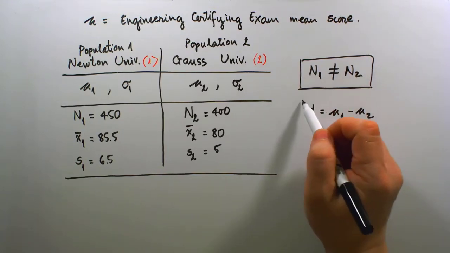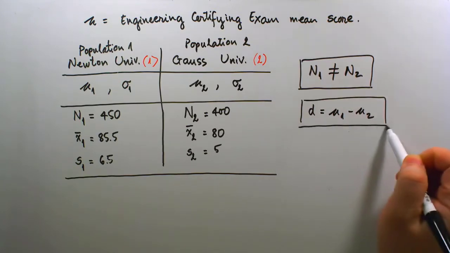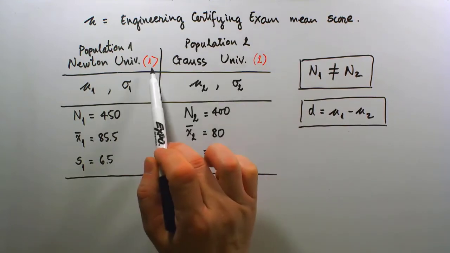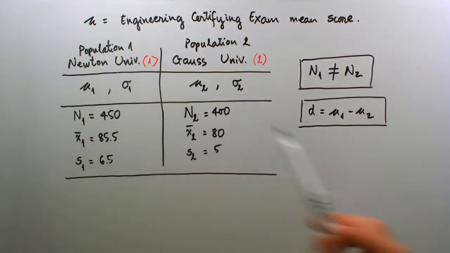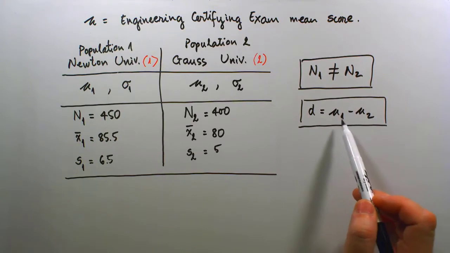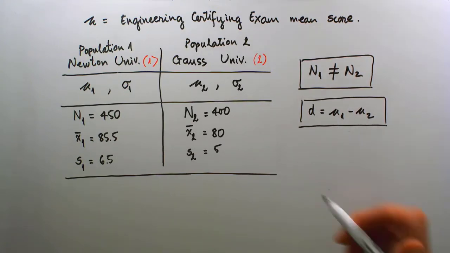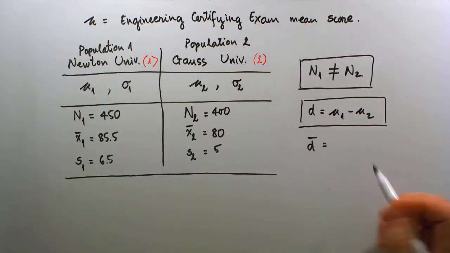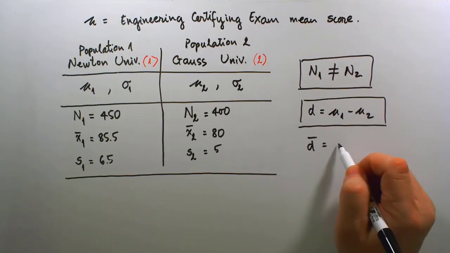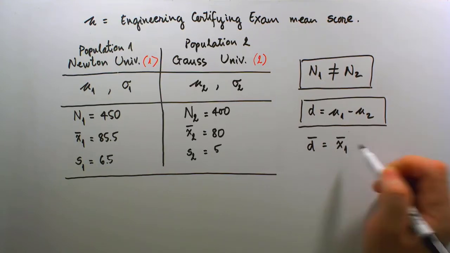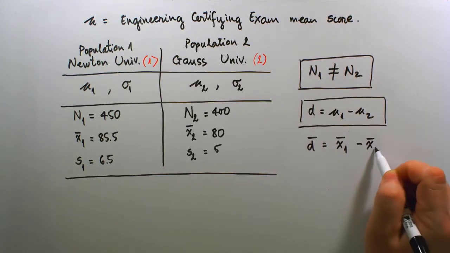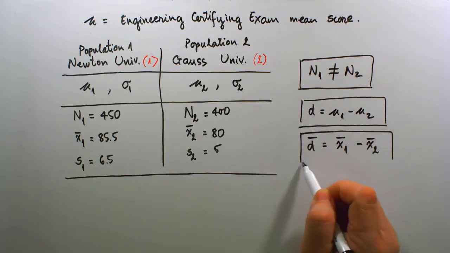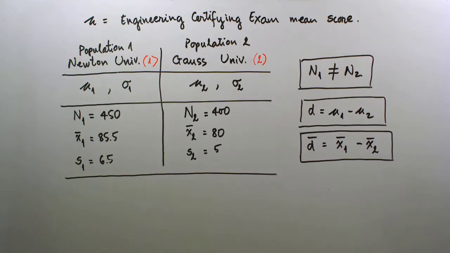That's how we define D. From the beginning here, the numerical labeling could have been the other way around. But the definition for D is always mu1 minus mu2. And we also defined from the general lecture that a D bar here is simply a sample mean from population 1 minus a sample mean from population 2. So that's just some quick recall from the general lecture.